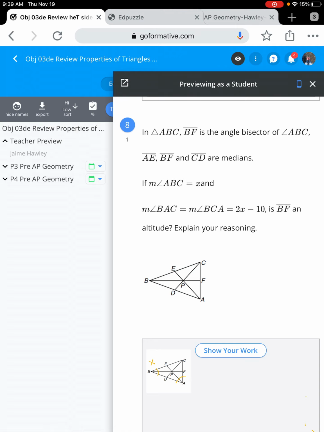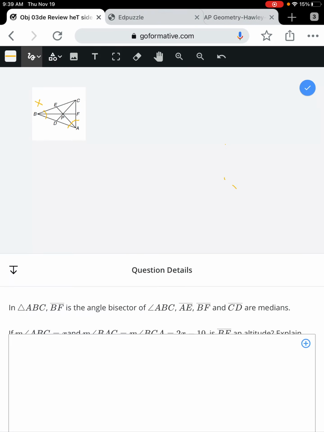Okay. Measure of BAC is equal to the measure of BCA. So BAC and BCA is 2x minus 10. So this is 2x minus 10. This one is 2x minus 10.